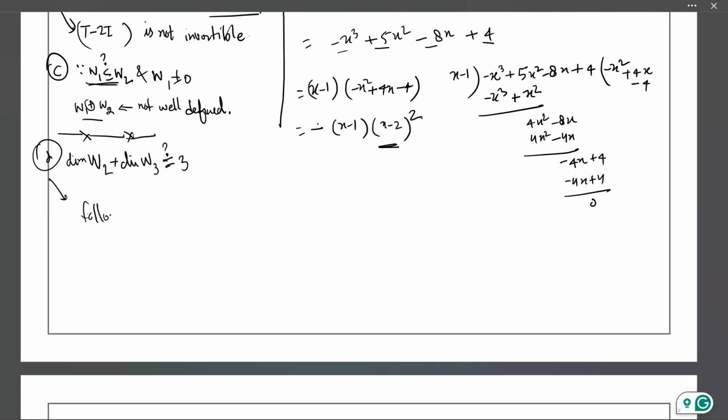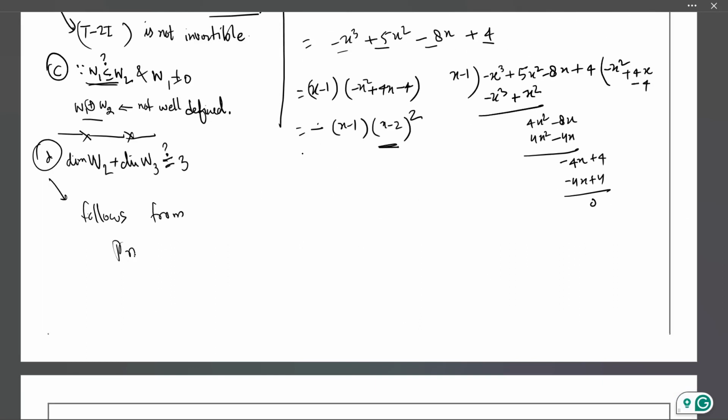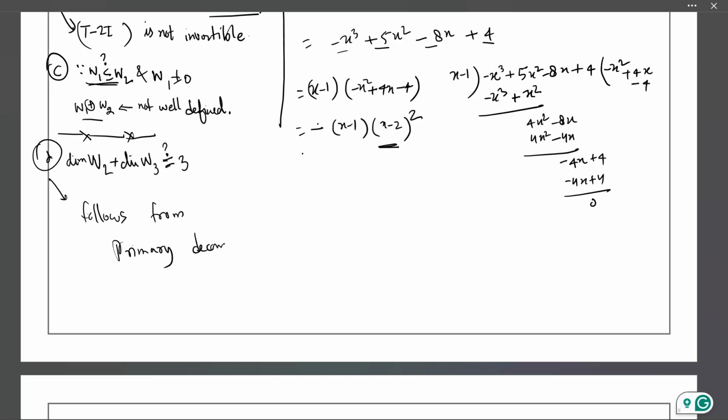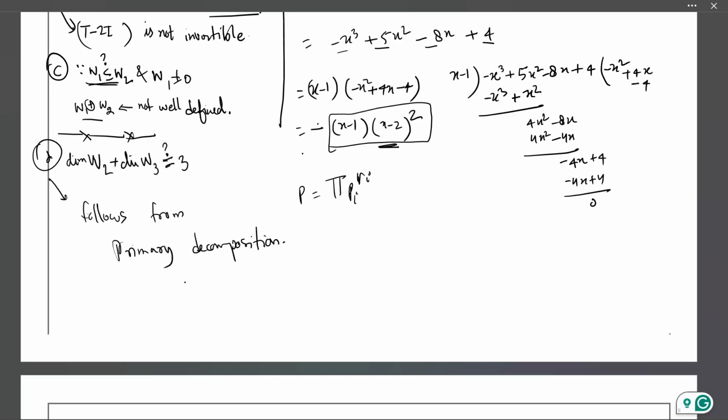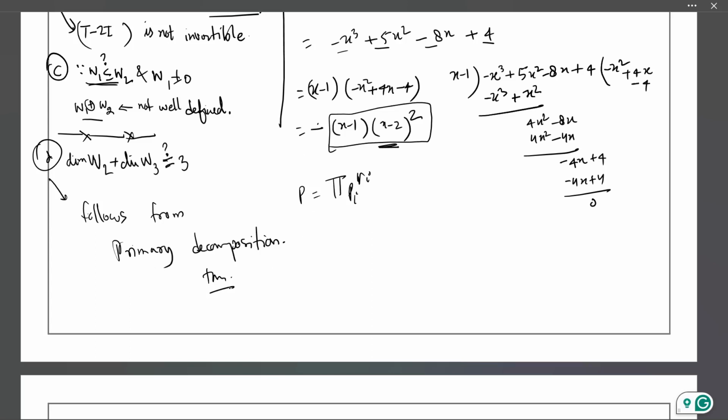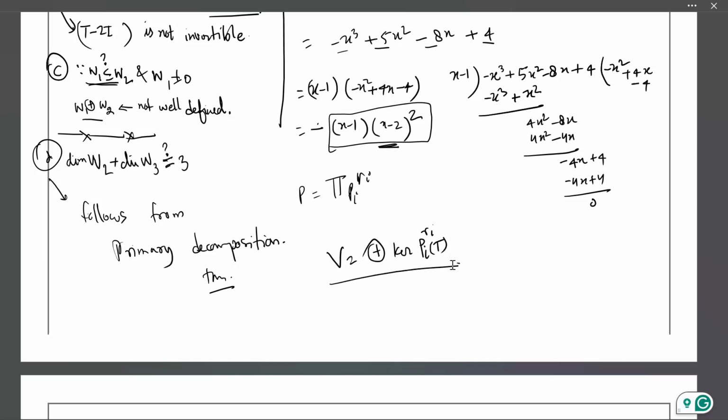The primary decomposition theorem says that you might not get V as a direct sum of eigenspaces, but if the minimal polynomial factorizes into linear factors like this, some pi power ri, then by the primary decomposition theorem V is equal to the direct sum of generalized eigenspaces, means kernel of pi^ri of T. V comes out to be this direct sum.